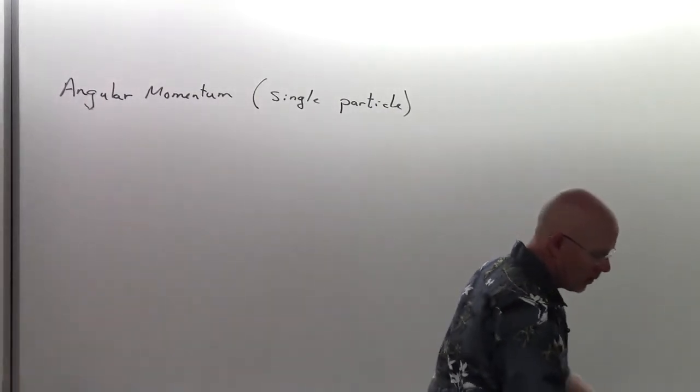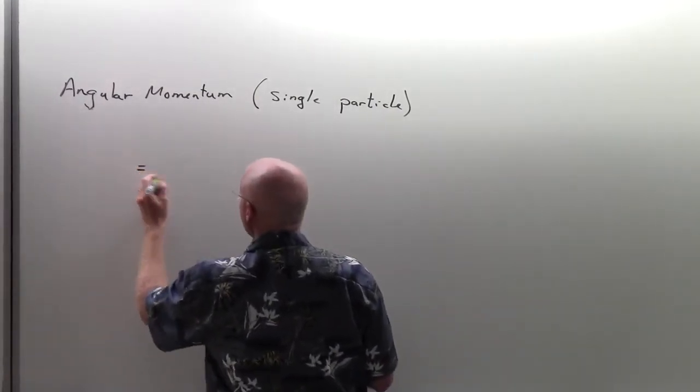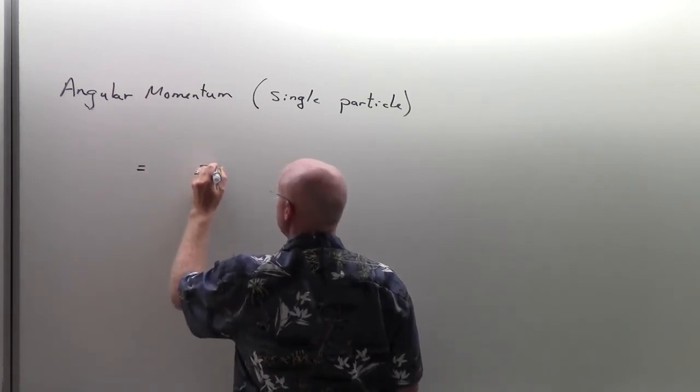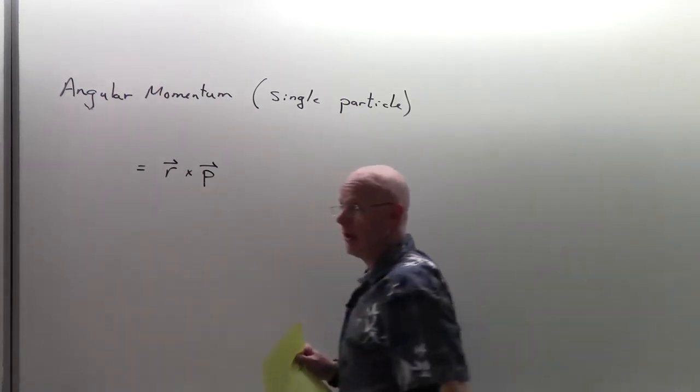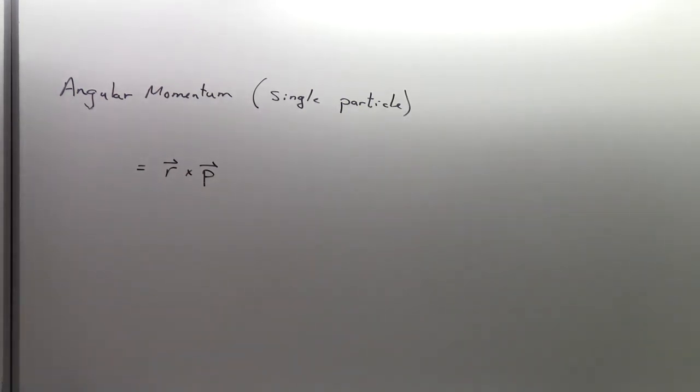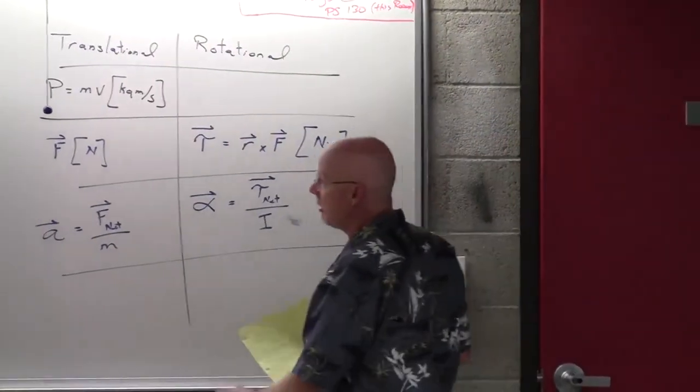Here is going to be our definition. You can almost guess it, I think, because you know it's going to have momentum in it. You can kind of see that. What was the difference between force and torque? Was this extra R. I don't have it listed here, but the difference between inertia and rotational inertia was actually 2 extra R's instead of just 1 extra R. But there's an extra R in here.